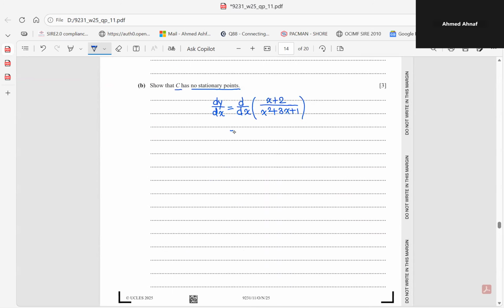So first square the denominator. Now keep the denominator and multiply by the derivative of the numerator, which is just 1, minus the numerator times the derivative of the denominator, which is just 2x plus 3.